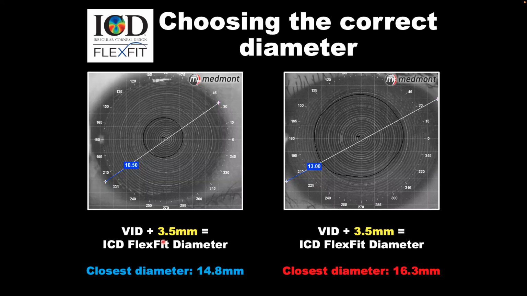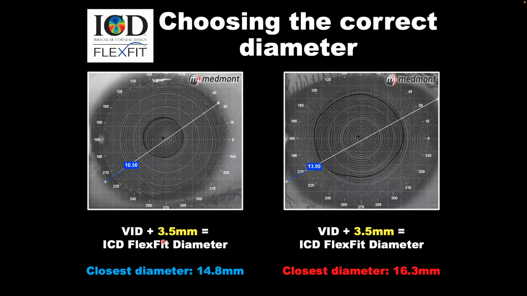If you have a keratoglobus or a very, very steep keratoconus, you wouldn't go with a lower diameter, right? Let's say you have an 11.5 HVID and this very steep keratoconus, and adding a 3.5 may not do the trick for you.